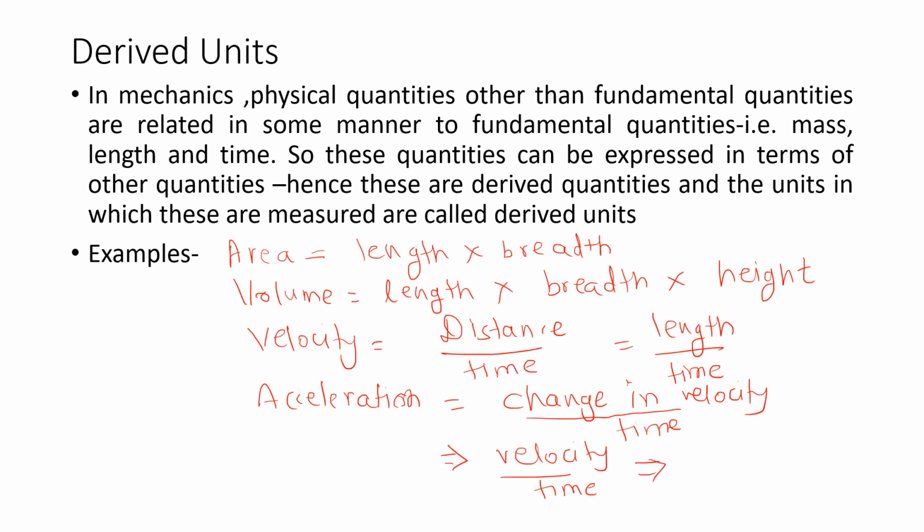In turn, velocity depends upon distance upon time, and further again upon time. So acceleration overall will be distance upon time square. So these are examples of derived quantities.